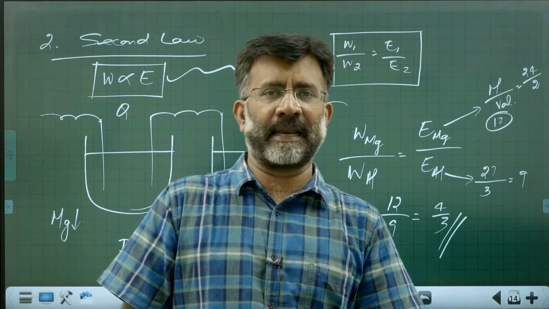Right? And they will be settled at the bottom of the vessel. Anode mud it is called. So it is an electrolytic refining technique used for refining of impure sample of metal.